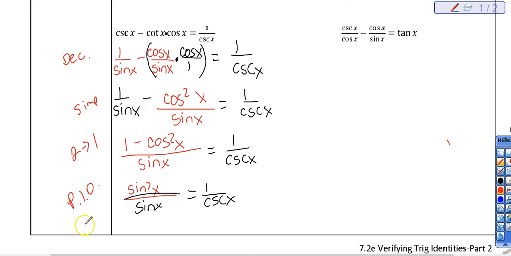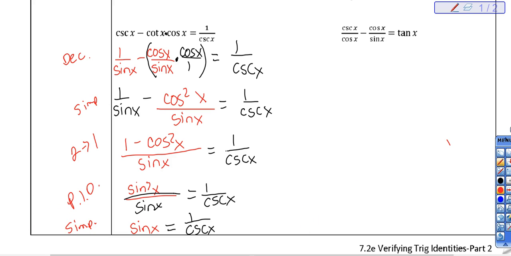So that was step 3, or step 4. Let's simplify. So back to step 3, simplify. What's sine squared x over sine x simplified to? Sine x. And hey, doesn't sine x equal 1 over cosecant x? Right, so that step was simplify.